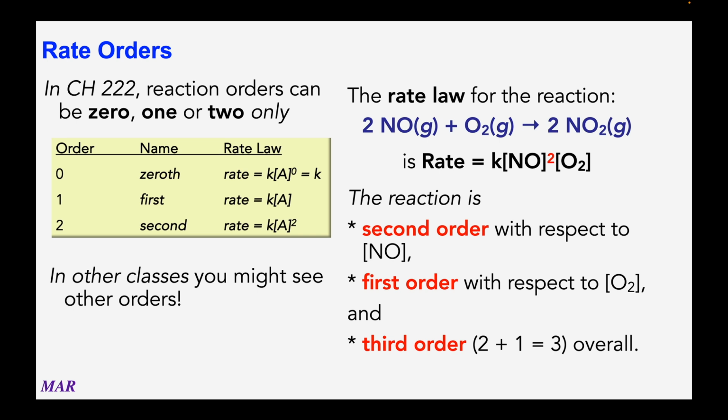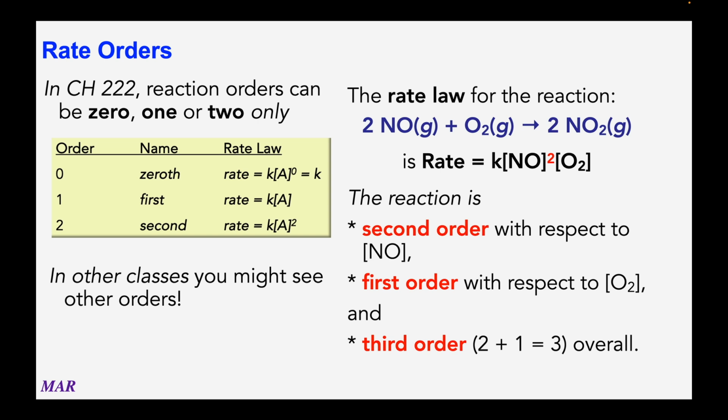So let's look at this reaction, 2 NO and O2 making 2 NO2. They found that the rate law for that equals K, the rate constant, times [NO] squared times [O2]. So we would say that this reaction is second order with respect to NO, because NO has a 2 by it. It's first order with respect to O2.